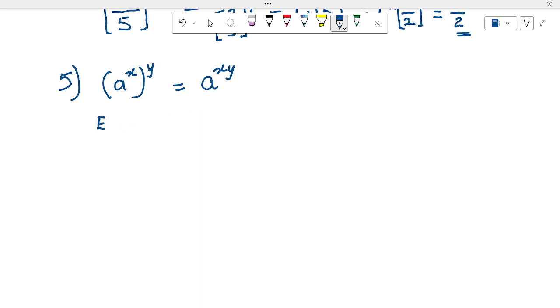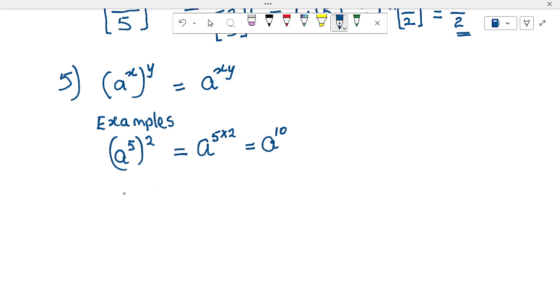Examples. If you have a raised to power 5, everything raised to power 2, can somebody tell me what the answer will be? Good. A raised to power 5 times 2, which is the same thing as saying a raised to power 10.